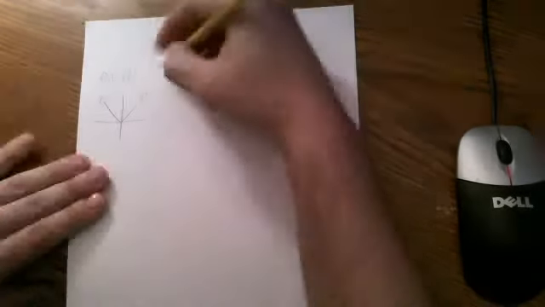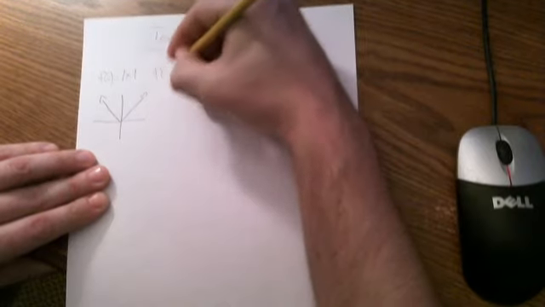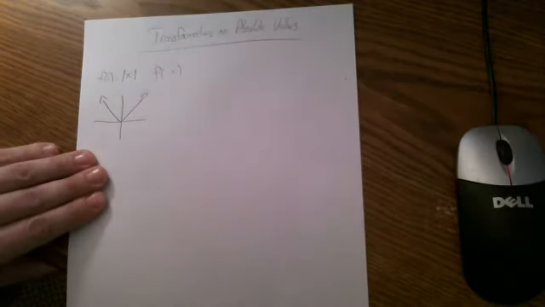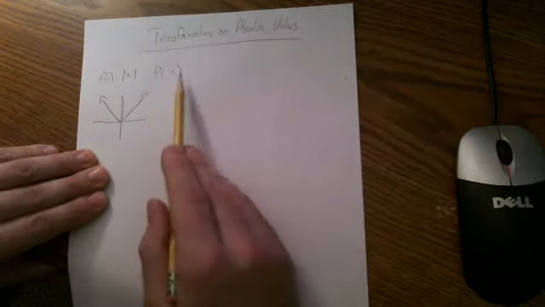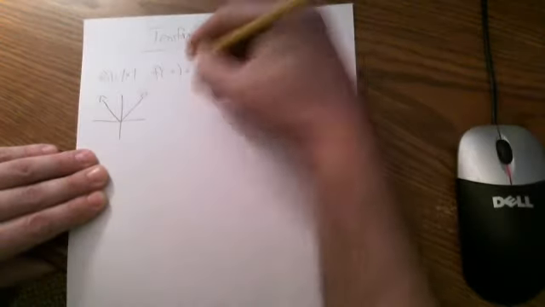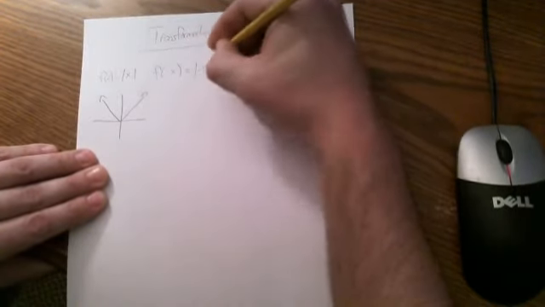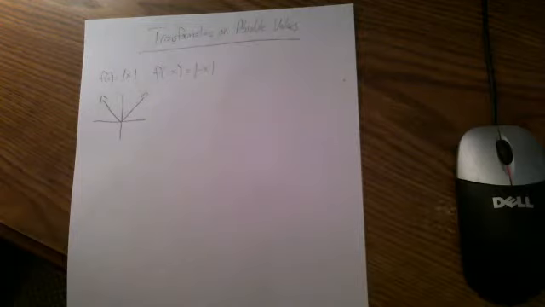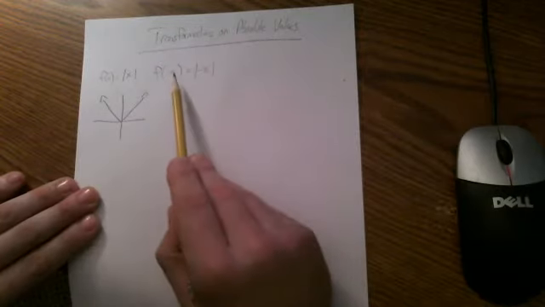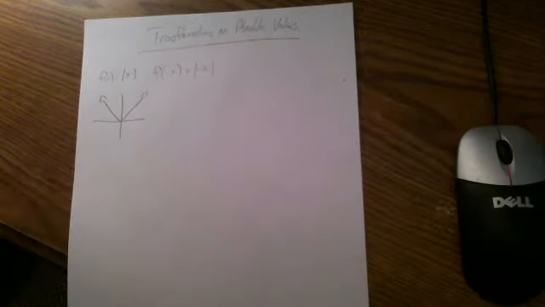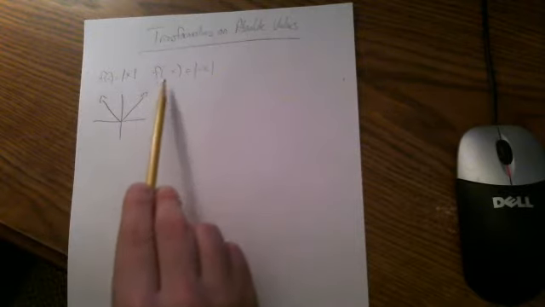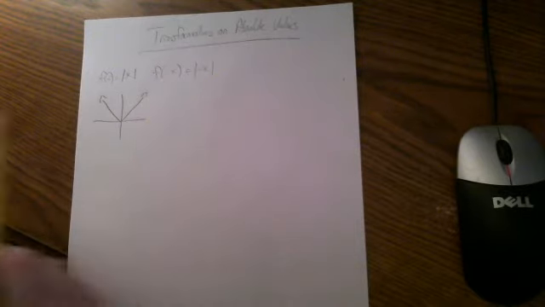absolute value of x, then what would happen if we had f of negative x? Well, that's asking me to plug in negative x for x, so we have the absolute value of negative x. Now we know that f of negative x, using function notation, is asking me to negate the x values, which means we have a reflection over the y-axis.